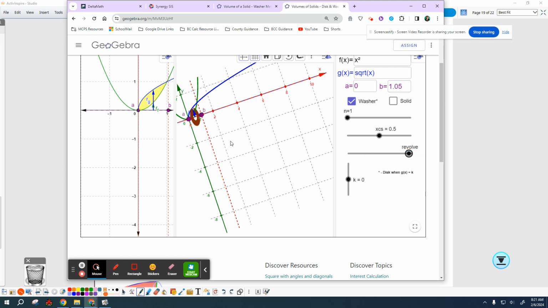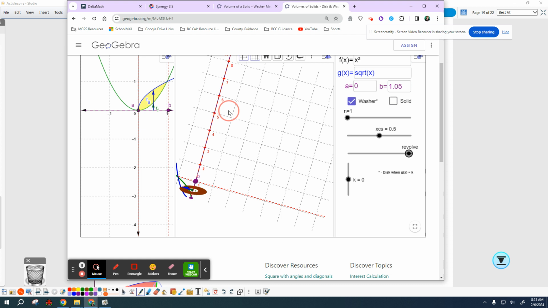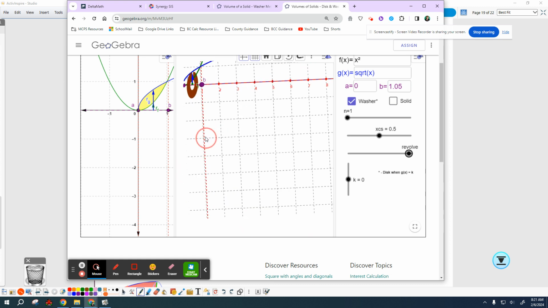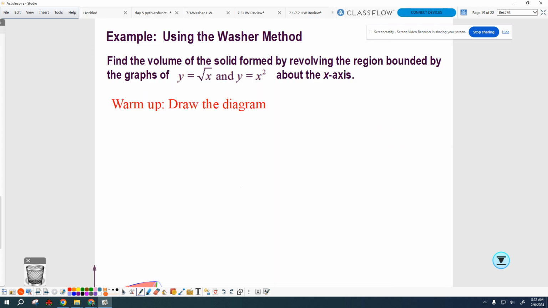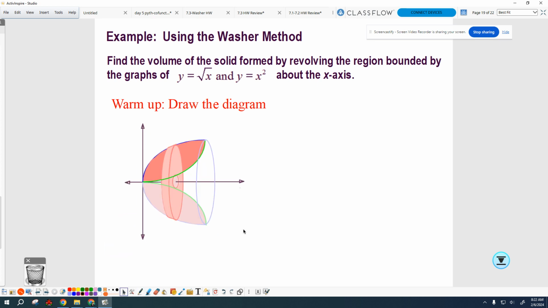I'm trying to make the image bigger and it's doing funny things when I try to move. Not a great picture.